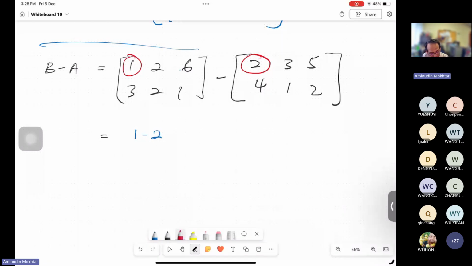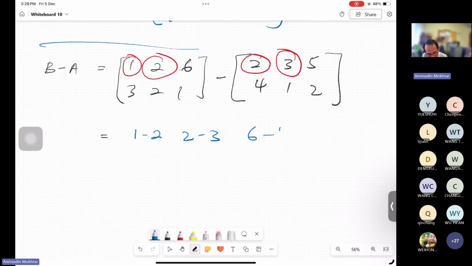The second element in the first row, the second element of B minus the second element of A, there is 2 minus 3, and then the last one is 6 minus 5.